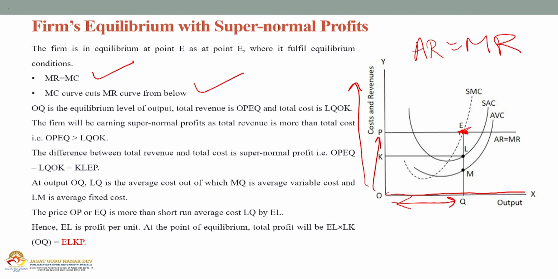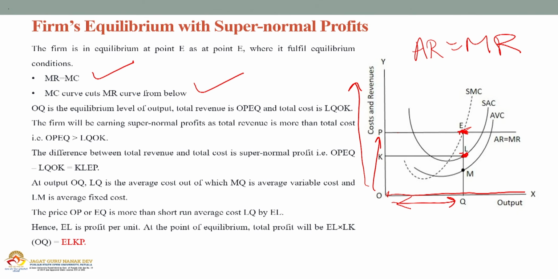Now coming to the cost. So this rectangle OPEQ is total revenue. Clear? Now the total cost point. Total cost will be at a point where it is intersecting the short run average cost at point L. Clear?